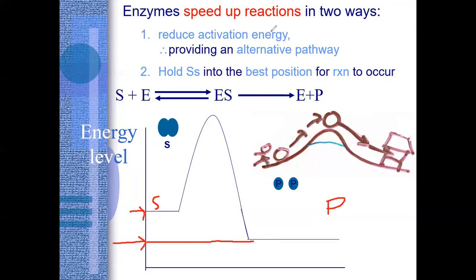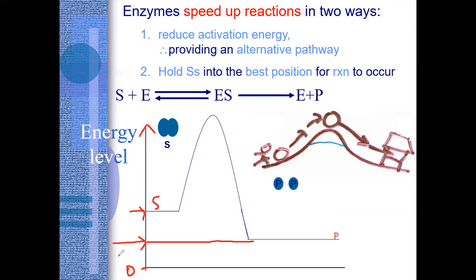Between my substrate and product, which one got more energy? Januli? The substrate. You look at this graph here. You know how to plot the graph, right? This is 0, right?